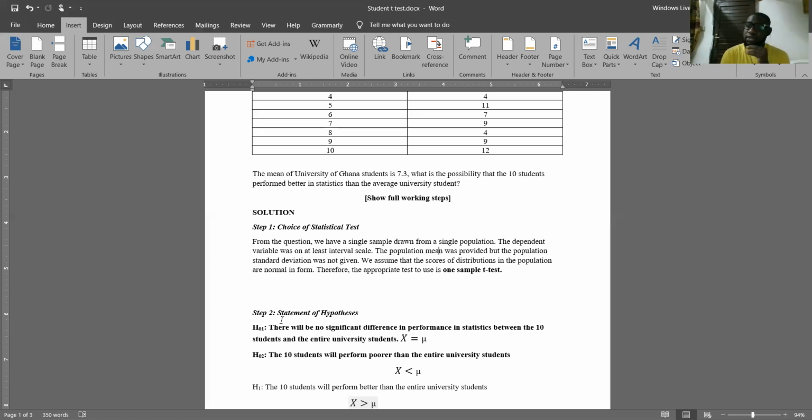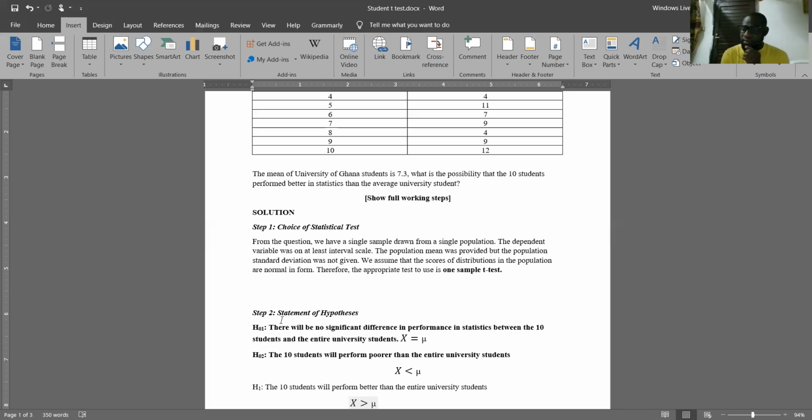So when it comes to your null hypothesis, you are given all sorts of alternatives that could render your H1 false. Since with your H1 you are saying the first group, which is your sample, will perform better than the population, we have to give all sorts of alternatives that could render that hypothesis false.